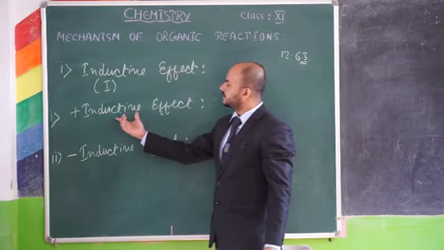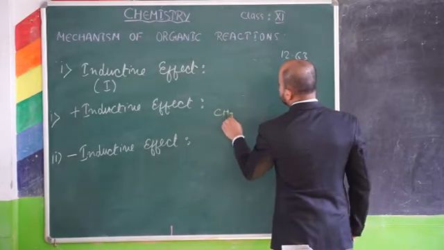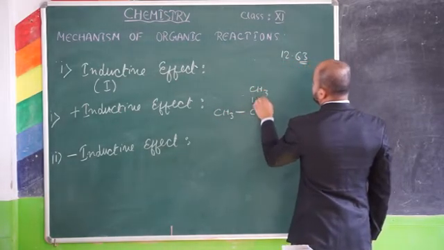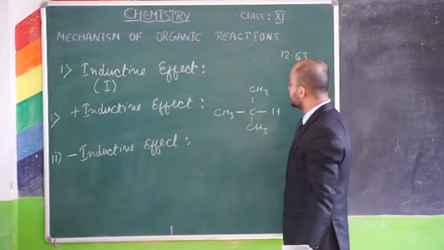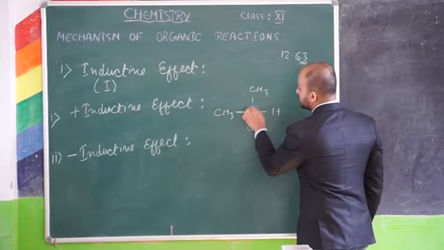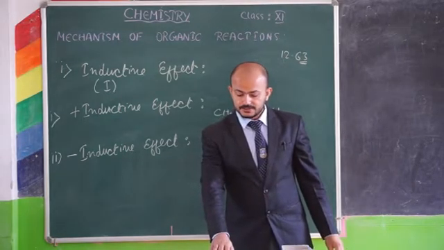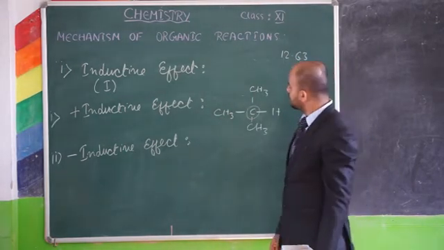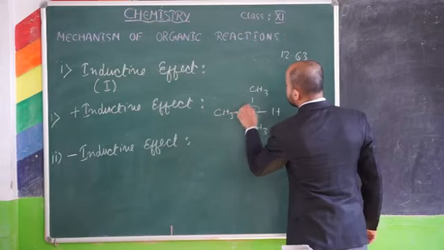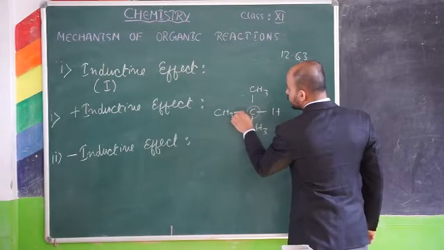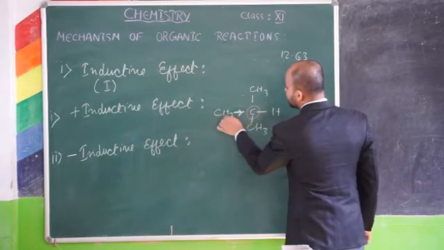In case of plus inductive effect, suppose you have some alkyl group, say CH3, and say you have hydrogen. Now look at this carbon center. This carbon center has three alkyl groups: this methyl group, this methyl group, and this methyl group. Methyl groups have the capacity to shift their electrons towards this carbon.